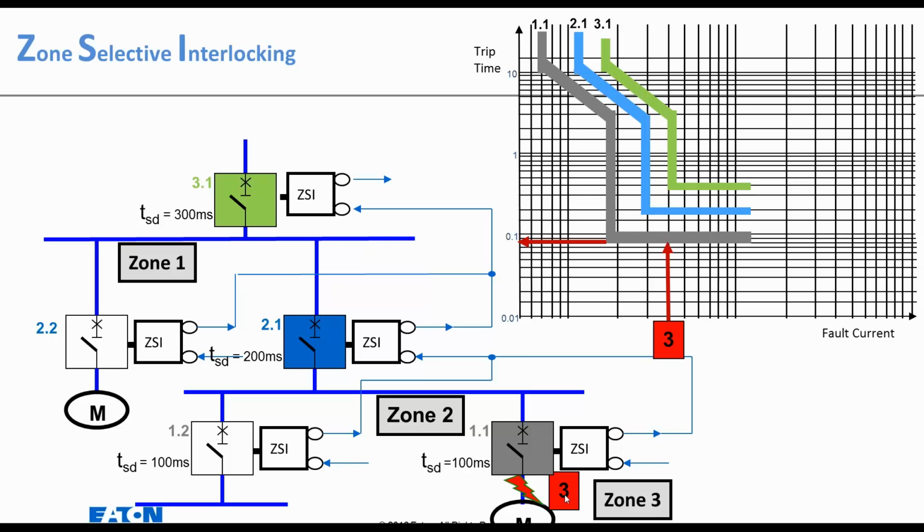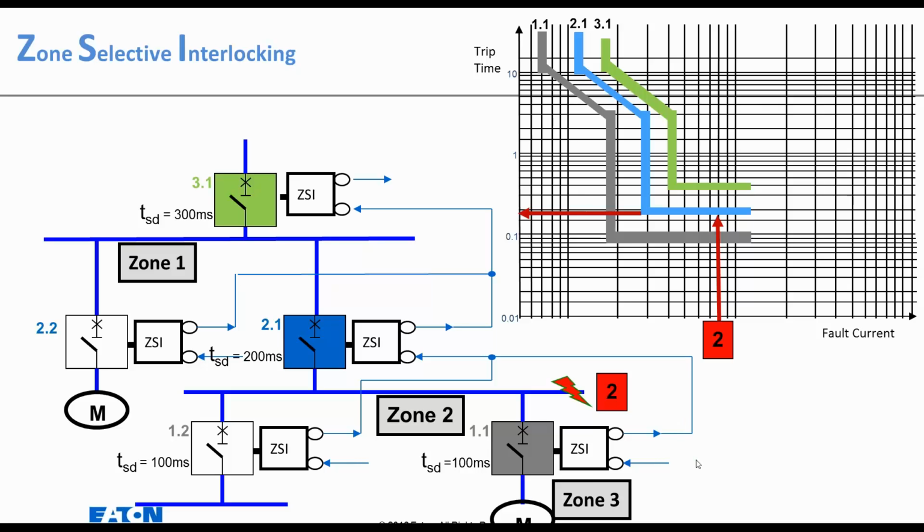We have then a fault. Let's say a fault occurs here down at 3, which is our zone 3. That fault current occurs at this level, and it's going to trip around 100 milliseconds. Because there's no zone below this breaker, it doesn't get a zone selective interlocking signal from anything below.